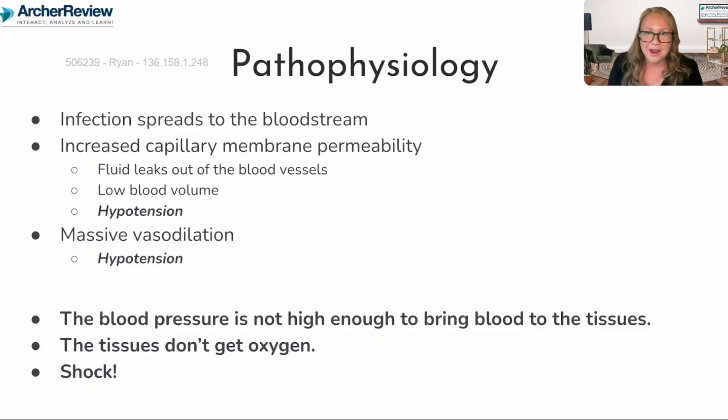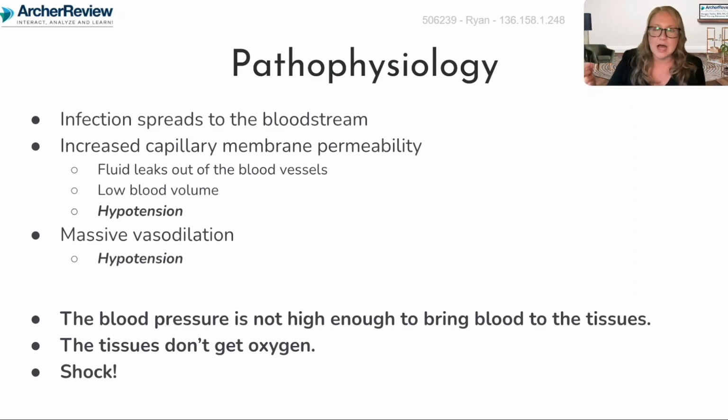What's the second way that we can lower our blood pressure? Bigger vessel, more space. When that fluid has more space, the pressure goes down. So the immune system's response to this systemic inflammatory reaction is to do the two things that lower our blood pressure. Fluid leaks out, less volume, less pressure, and vasodilate, more room, less pressure.